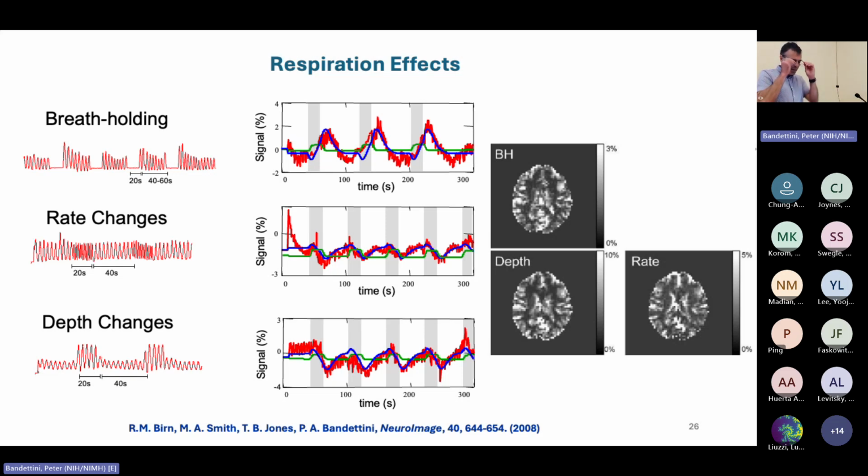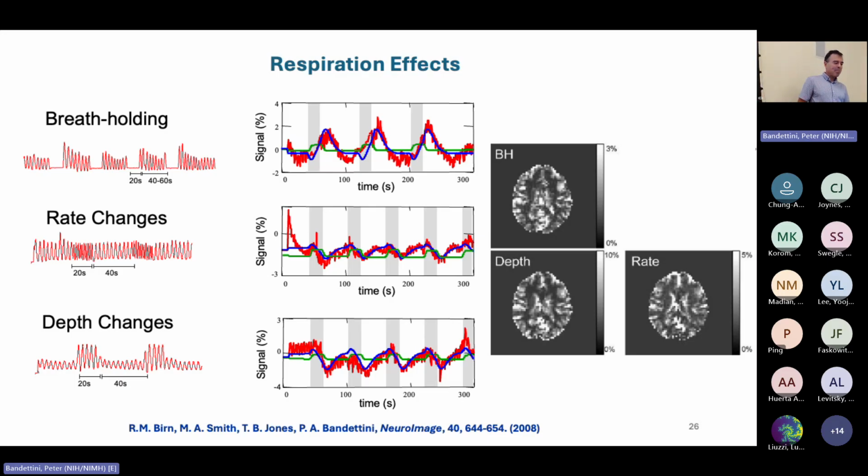One thing that I didn't include that I don't want to get into is that the next logical step was to get rid of all the breathing effects by measuring your breath with the bellows and then regressing that out, or maybe even trying to do something fancy where you convolve that with the kernel to predict the BOLD breathing response.